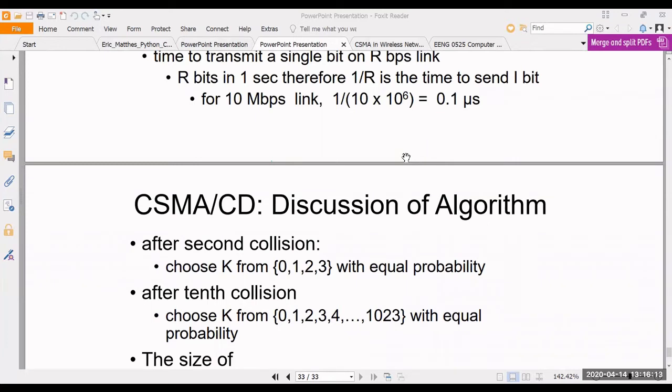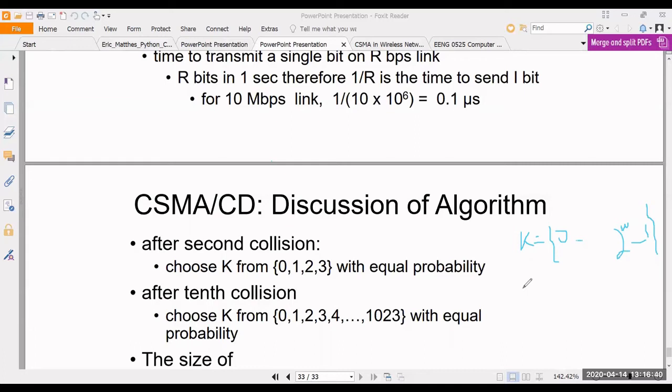We told you that K is a group of values that starts from 0 and ends at 2 to the power of the number of collisions occurred, minus 1. That's what we have.